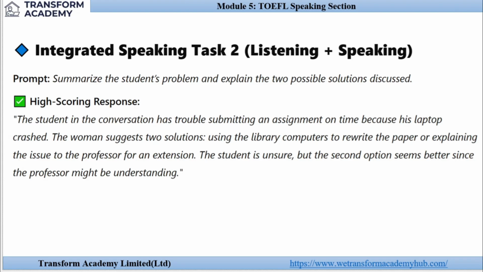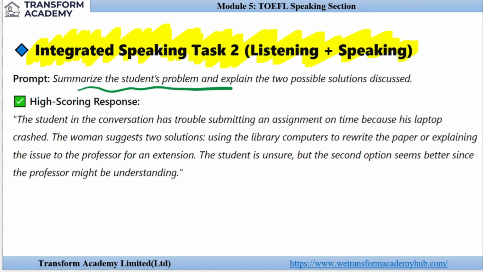Now the integrated speaking task two, the listening plus speaking. So you're going to summarize the student's problem and explain the two possible solutions discussed. So this is a sample high scoring response.